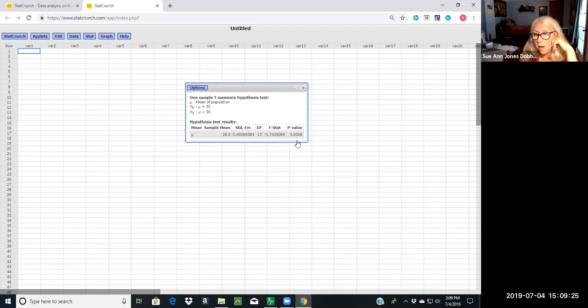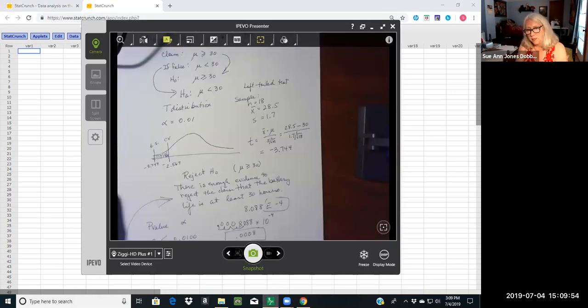And so again, all I have to do is compare the p-value with the alpha value, and I would find that I reject the null hypothesis, just like I did in the previous way. So regardless of which one of these things you use, it is very simple to do using the technology. And that's really what I expect you to do.